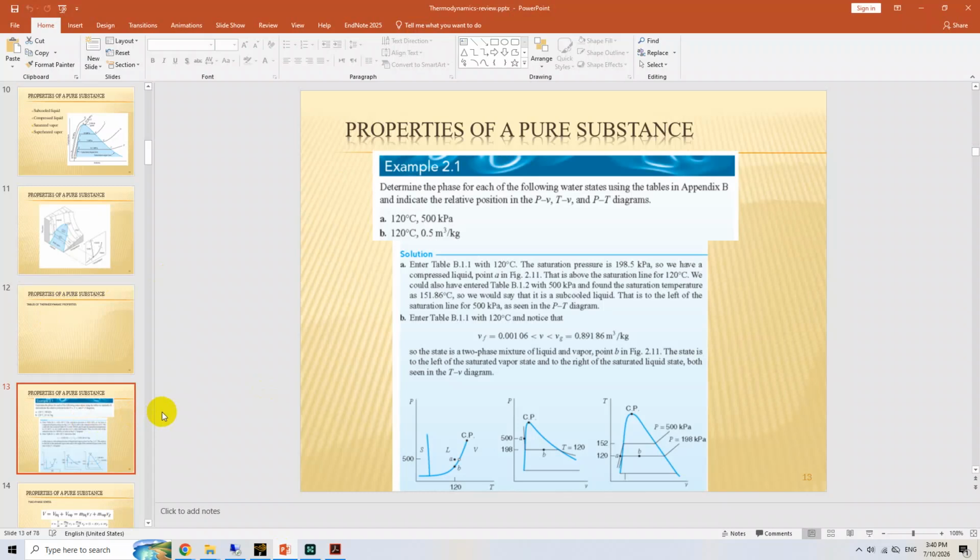The first example: determine the phase of each of the following water states using the appendix B tables and indicate it on PV, TV, and PT diagrams. The first case: the temperature is 120 degrees centigrade and 500 kilopascal.